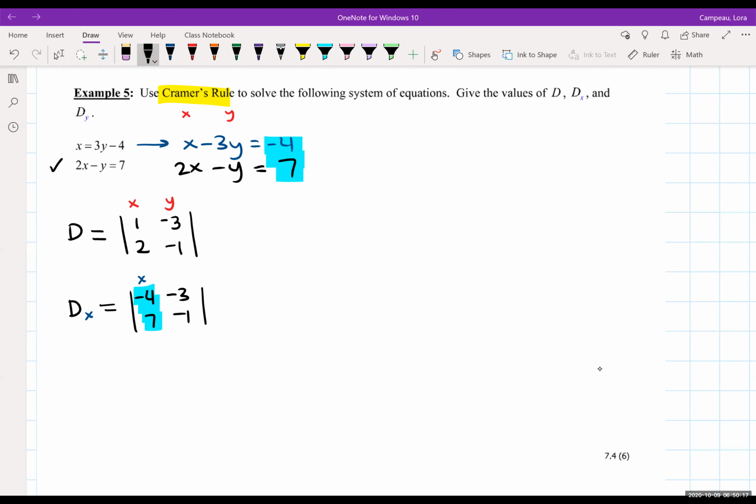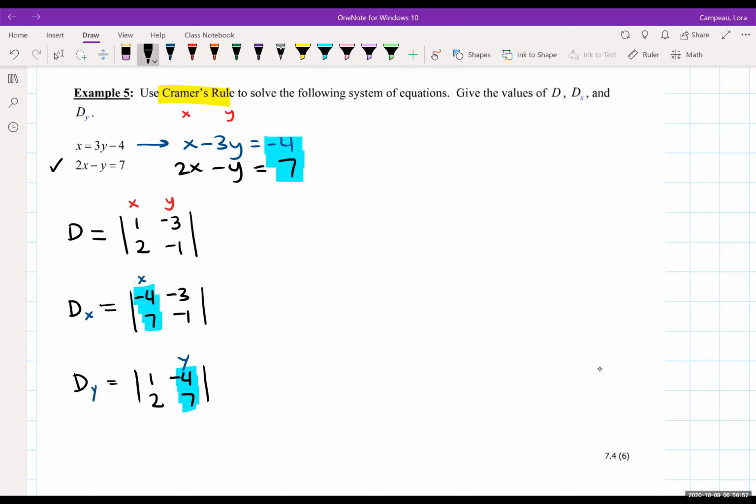Similarly, you want to set up D sub y while we're here. Might as well. We will take our determinant of coefficients. And remember, it's the y column that is now going to get replaced with the constants. So in our case, the constants were -4 and 7. And this means we just take the same x coefficients, so we also have 1 and 2.